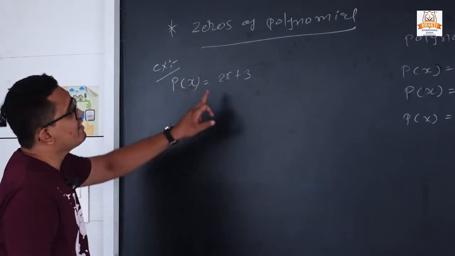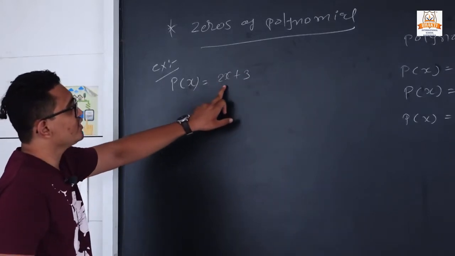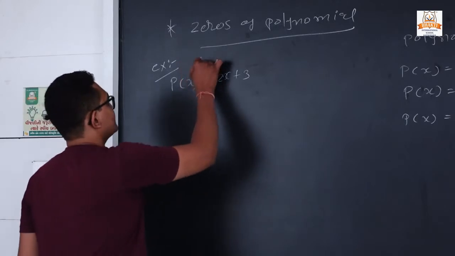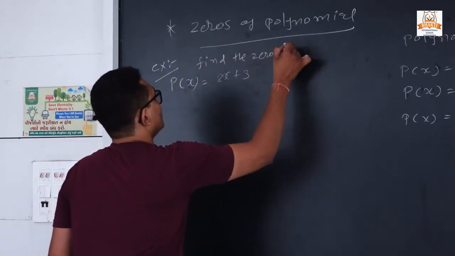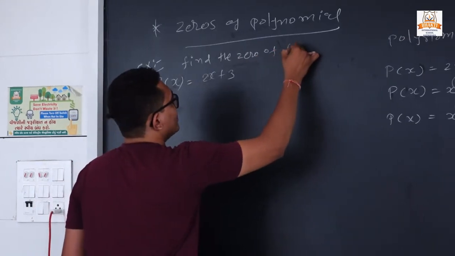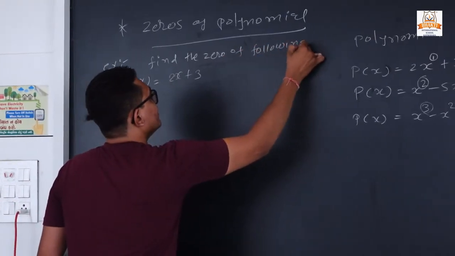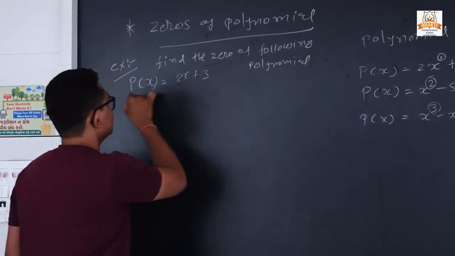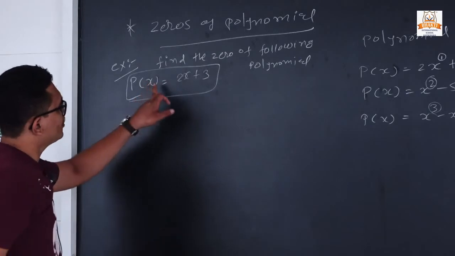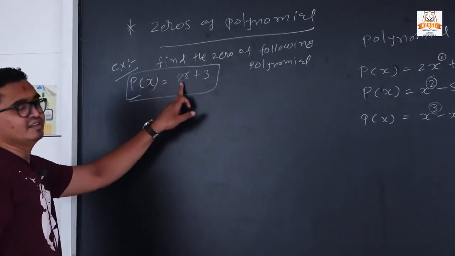Now suppose the question is: find the zeros of the following polynomial.